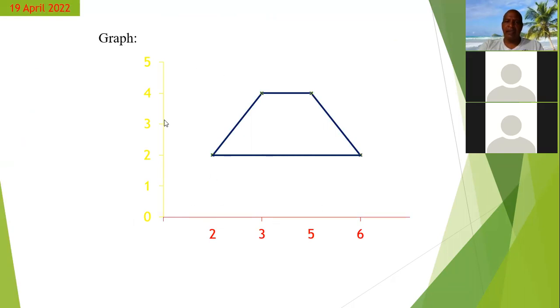Based on my x and y axis here, if you count along the x-axis for this point D, you go to 2, and then you find the y value, which is 2, and you plot the point as you would normally plot when you're plotting graphs in general, right?